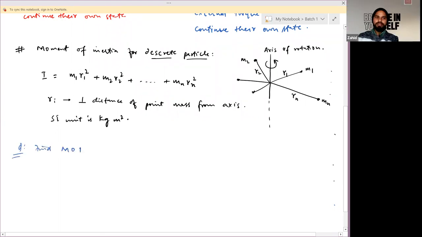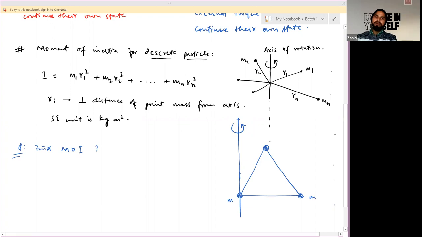Find the moment of inertia from this given axis, which is passing through this point, so that this whole system would tend to rotate along this axis.